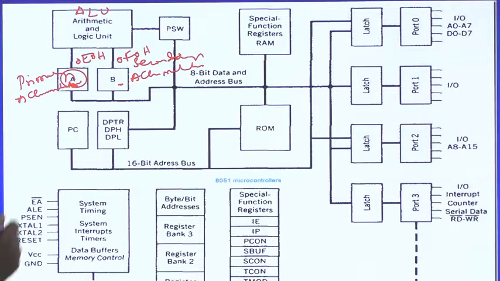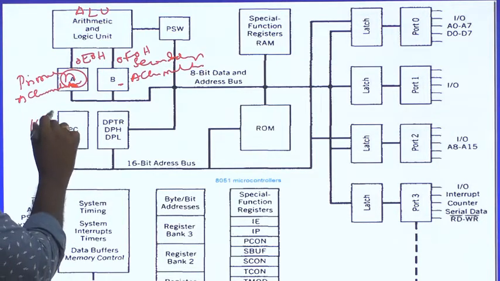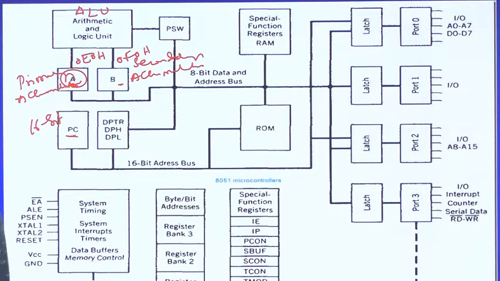And next, coming to PC. PC means program counter. From the features, I can clearly tell you that the program counter PC is not an 8-bit register, it is a 16-bit register. The job of the program counter PC is to hold the address of the next instruction byte that we are going to read from our program memory.